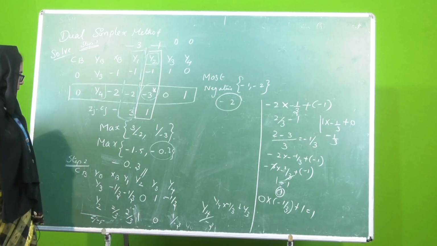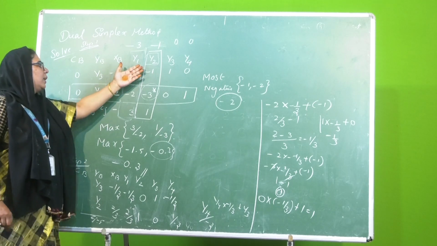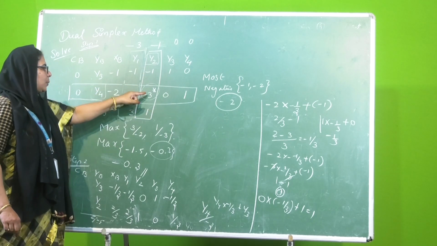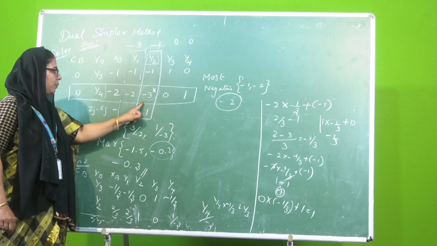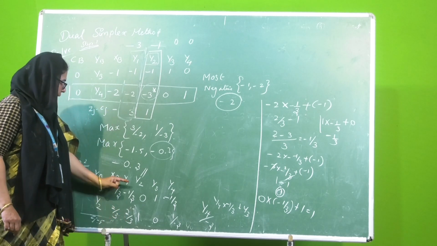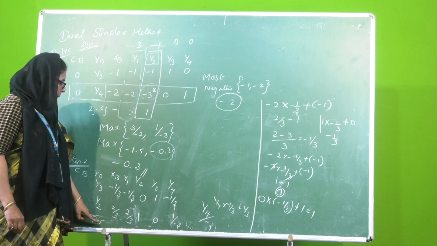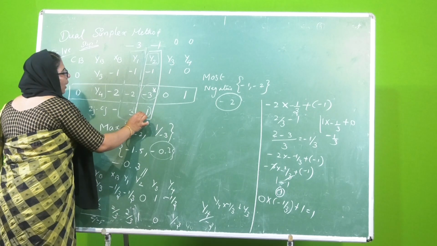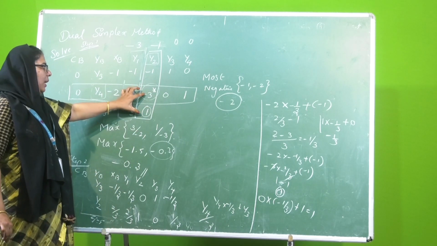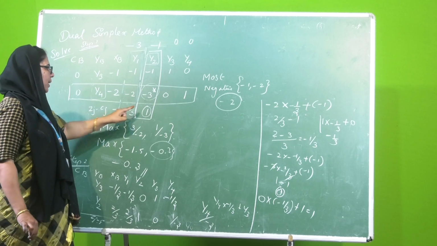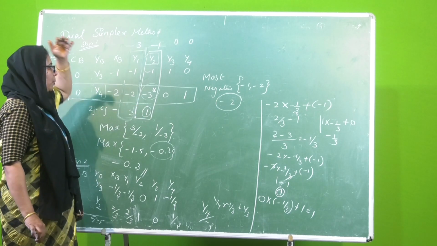In the last value, likewise we have to make the corresponding element of the pivot element 1 become 0 in this second iterative tabular column. So how can we make 0? You have to add the pivot element to become a 0 in the corresponding element. So how is it possible?